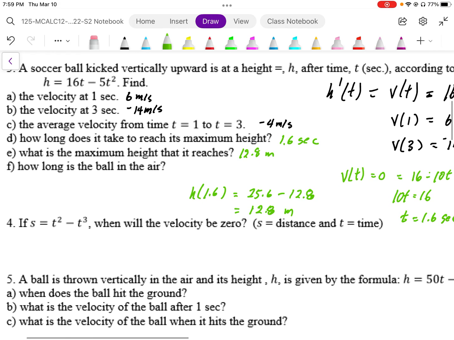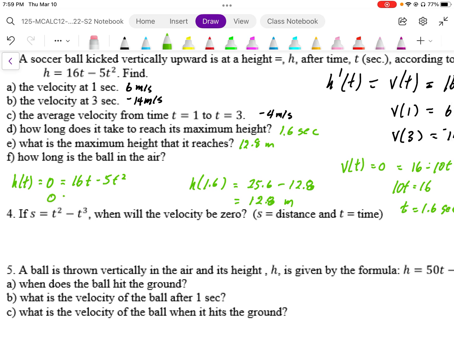And then, how long is the ball in the air? It's going to be in the air until the height equals 0. So we're going to solve the h of t equation where it's equal to 0. Solving the quadratic 16t minus 5t squared, we can factor it: t times 16 minus 5t.